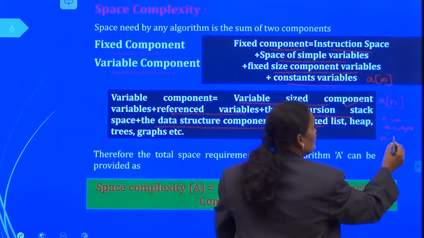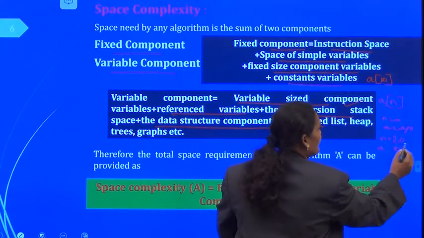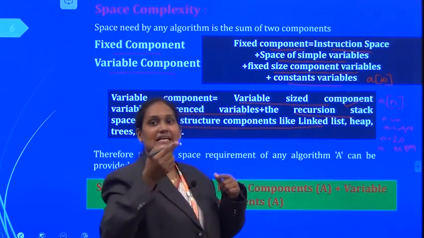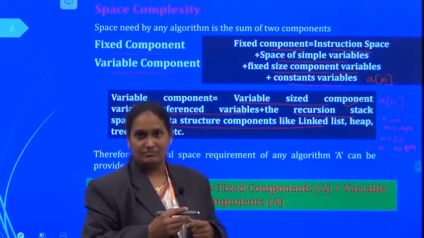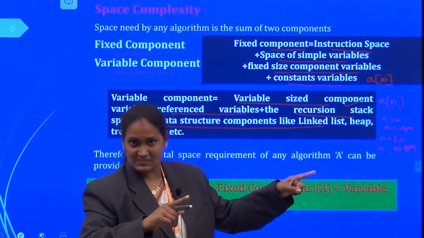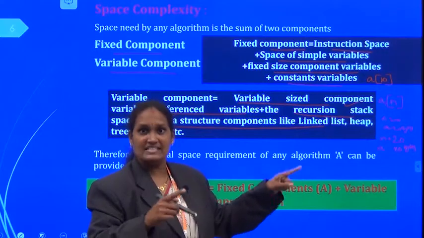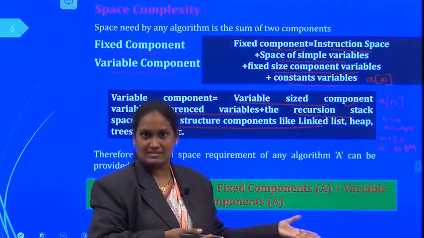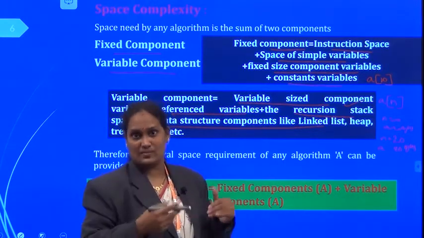If n is equal to 20, A takes 40 bytes of space. So A's space is decided by n here. A does not have a fixed space. Its size is variable, which is n. If n takes 1, it takes only 2 bytes. If n takes 10, it takes 20 bytes of space.